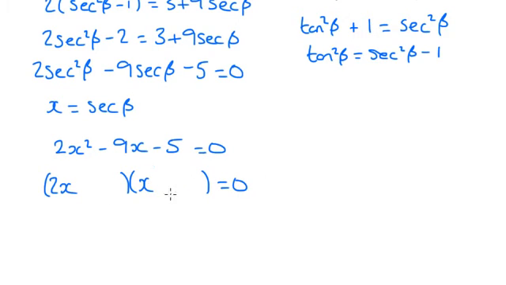It would be annoying to have to use the formula or complete the square, but it is going to factorise. If I put a 5 here, that's going to give us 10 x's, and a 1 here, that's going to give us 1x, so we can get our 9 x's if I have negative 10x and positive 1. So that tells me that x is equal to negative a half, or x is equal to 5.